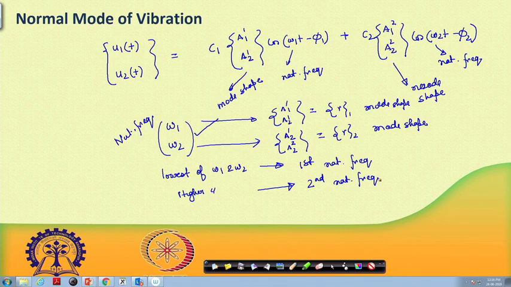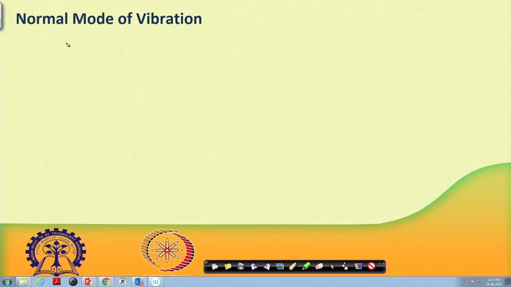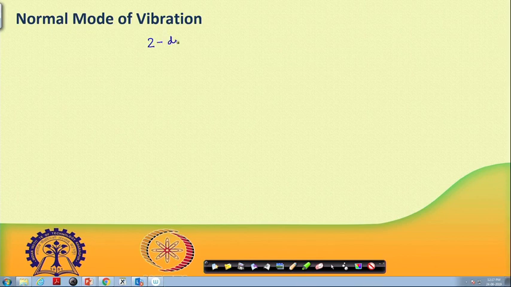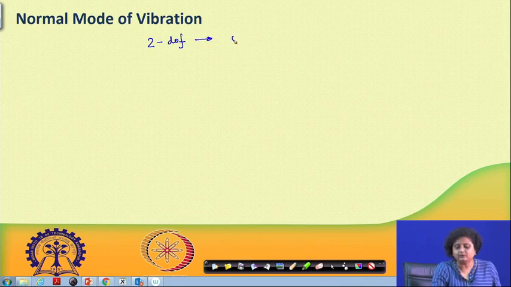So, what I wish to do next is just to quickly say how this can be extended to a multi-degree of freedom system. We have done it for a 2 degree of freedom system. Let us see how it can be extended to a multi-degree of freedom system, which is pretty straightforward. For 2 degrees of freedom, I had two natural frequencies omega 1 and omega 2.